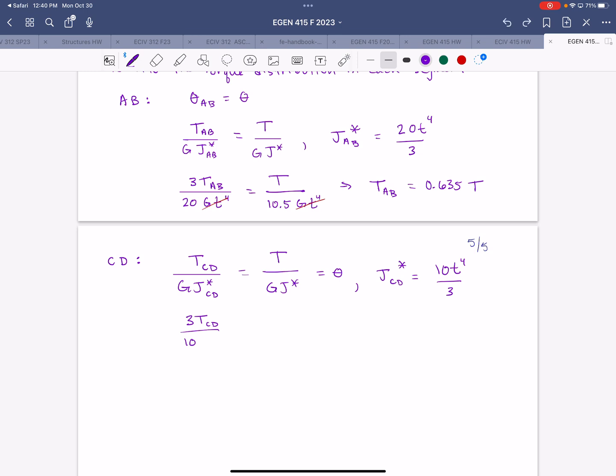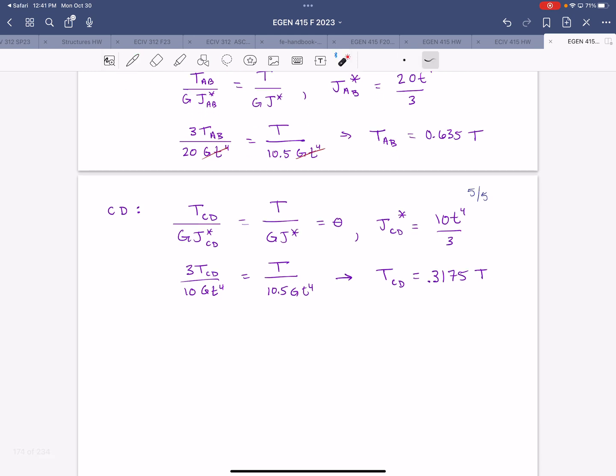I'm going to go ahead and eliminate the Gt to the fourth values, or you can write them if you want, I guess. That's equal to torque over 10.5 Gt to the fourth. So torque in CD is 0.3175 times the total torque.